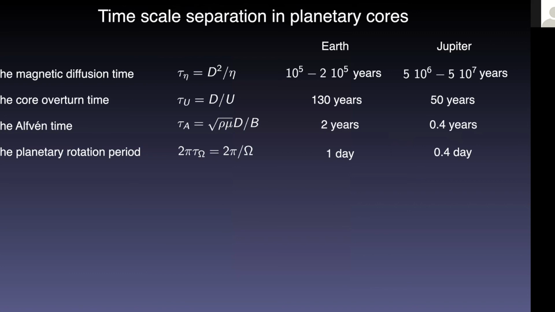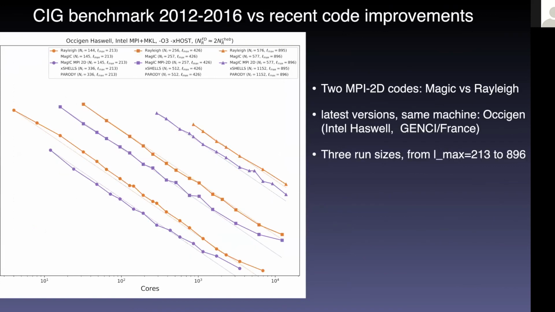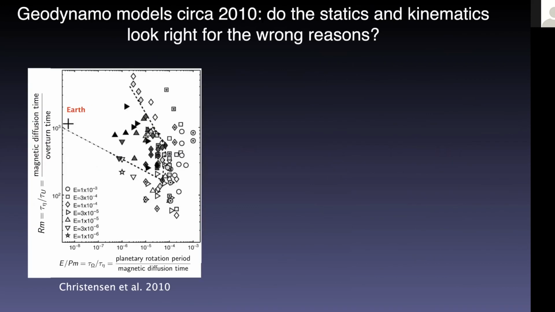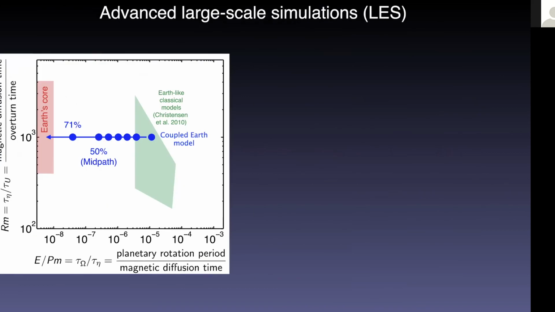It's usually 3 times the core overturn time. So throughout this parameter space path, this time scale does not change. Since the magnetic Reynolds number is right, this time scale remains right. So that is not a problem even at the start of the path. This is never a problem.